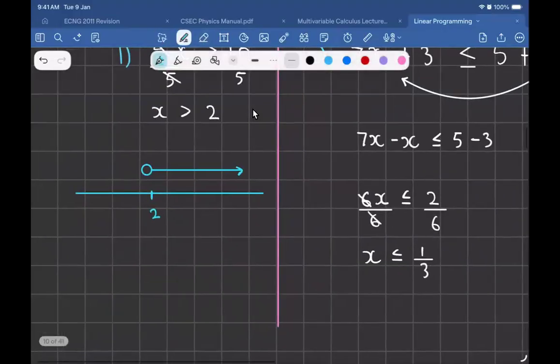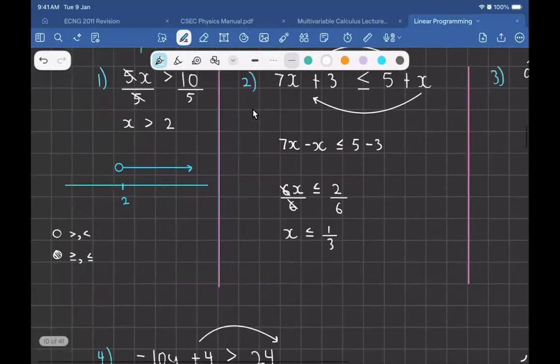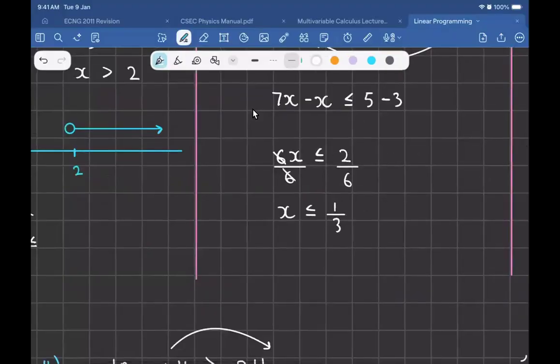If it's not equal to, then it's an empty circle. Let me just make a little note here. This would be the case if it's more than or less than, and this would be the case if it is more than or equal to, or less than or equal to. The answer for the second question would simply be this: just draw a number line and put a third here.